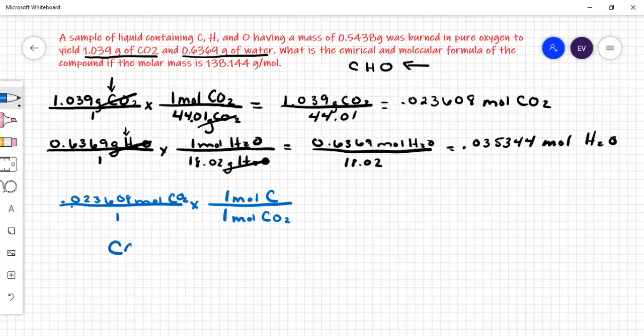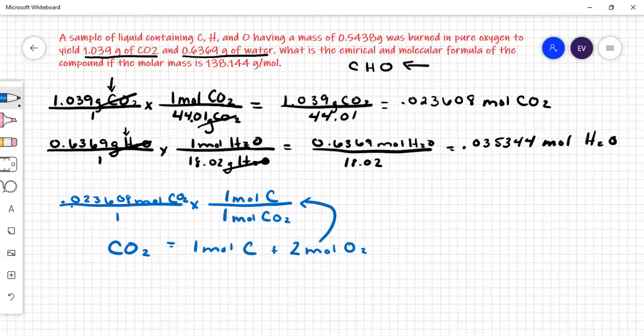Well, if you take a look at CO2, here we have 1 mole of carbon and we have 2 moles of oxygen. So this is exactly what's going on here. We're just putting it into the terms of a fraction. I'm not doing 1 to 2 here because I'm not looking for oxygen. I'm only interested in how many moles of carbon there are.